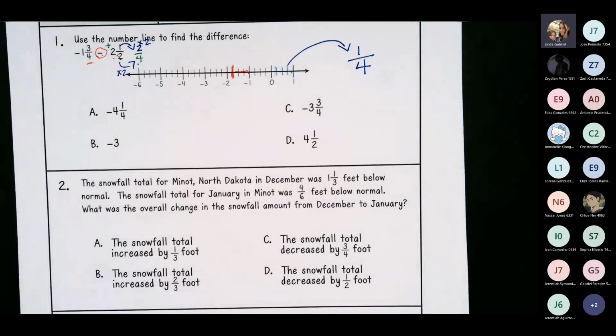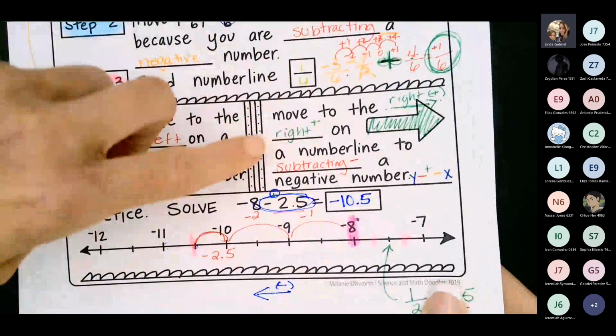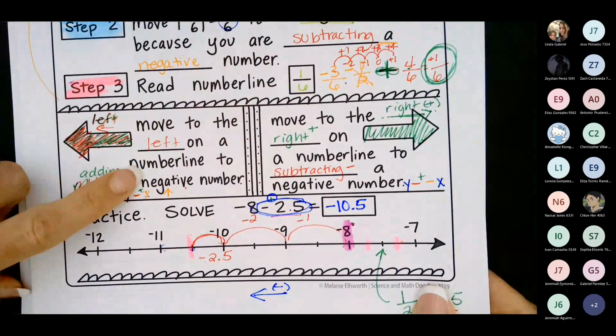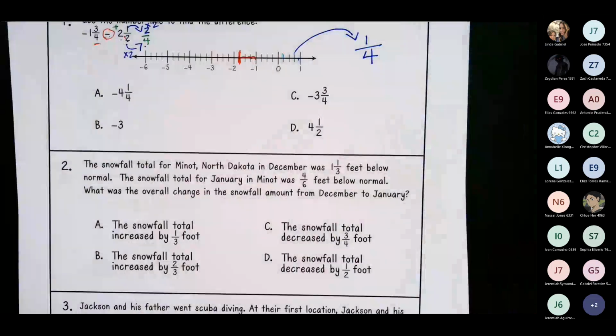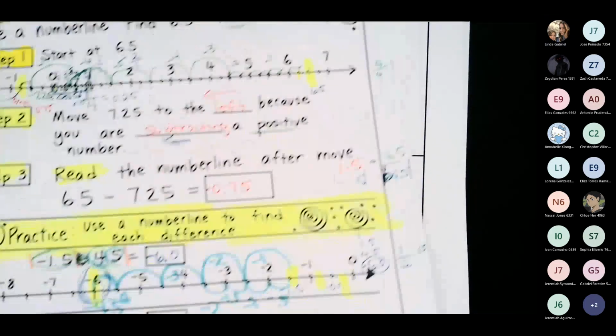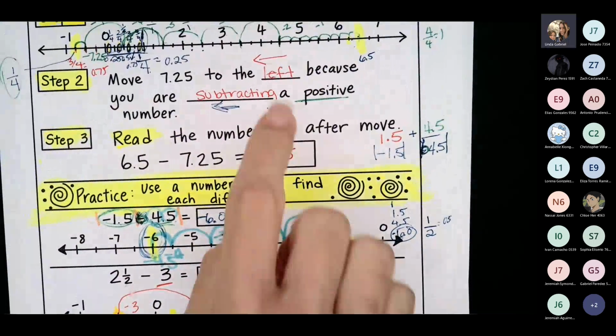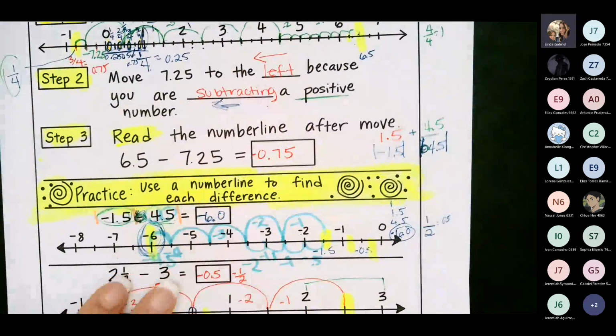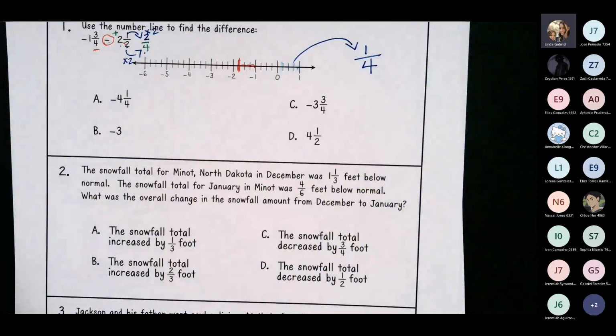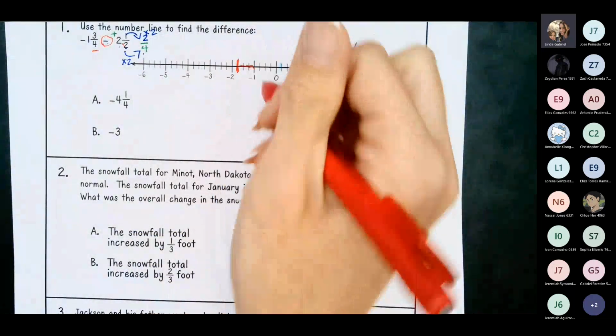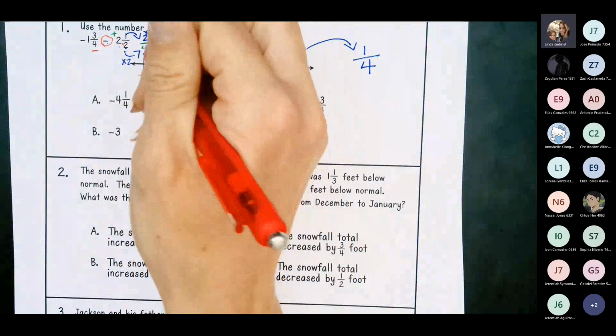Remember, if I am subtracting a positive number, I will not be moving to the right. I'll be moving to the left. So I am subtracting a positive number. I'm not subtracting a negative number. We actually, back to rule 6, it says if we're subtracting a positive number. Okay, so that means I'm going to be 3, 2, and 2/4.